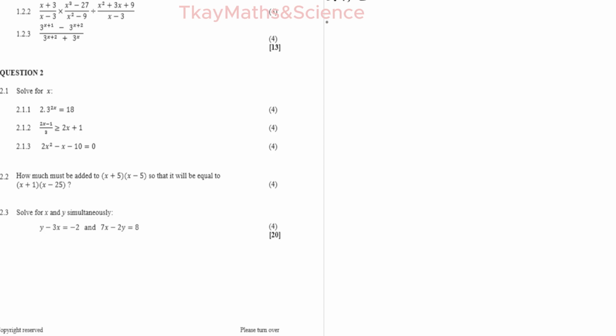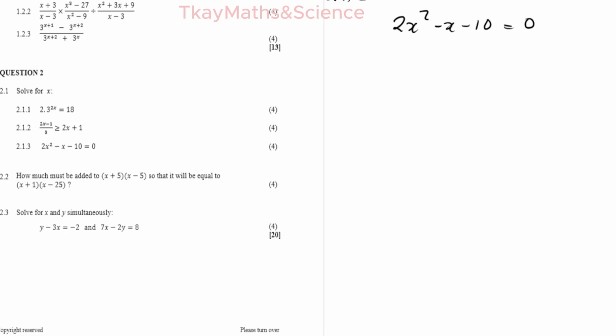3. So we are having this expression here, which is 2x squared minus x minus 10 is equal to 0. So we got this quadratic expression. What do we do to find x? What you do first, we just factorize this.